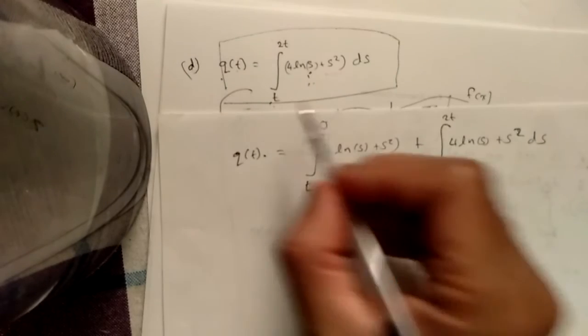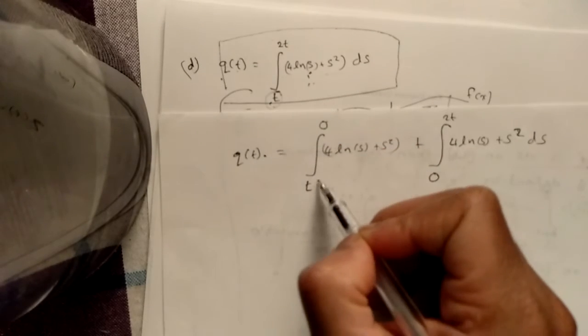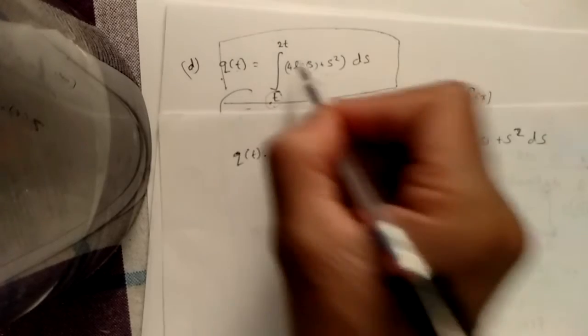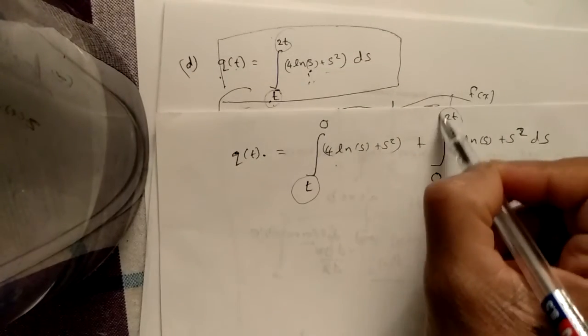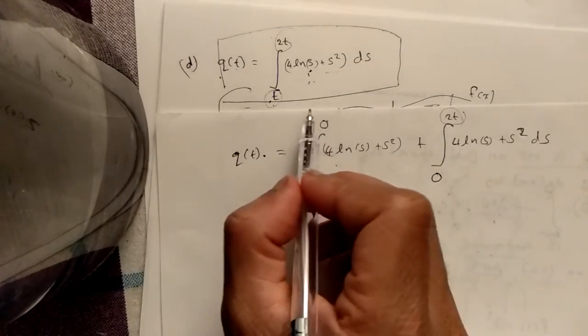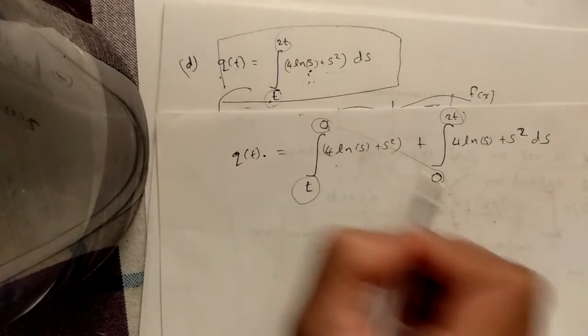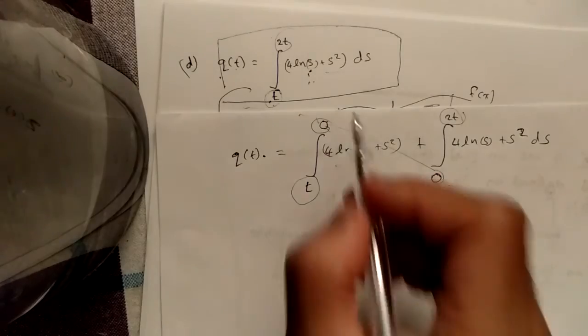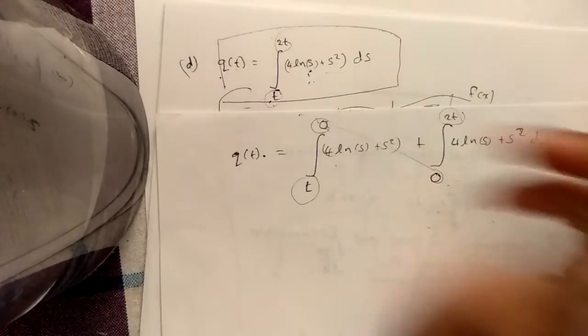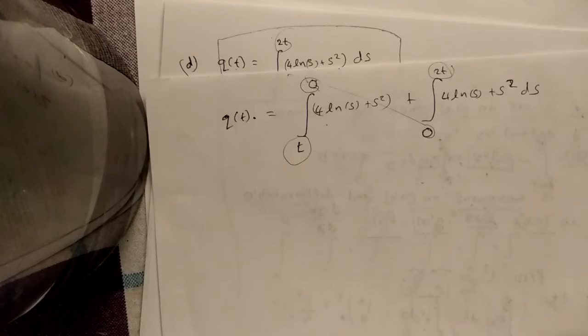The only requirement is the lower limit should match with the lower limit of the first integral, the upper limit should match with the upper limit of the second integral, and the same number should be used across these two integrals, right? And this number need not be between t and 2t, right? Okay.